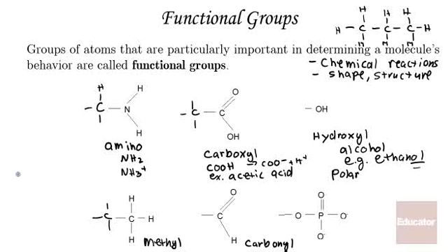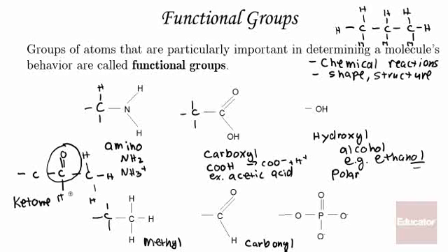So if, let's say, we had a carbonyl group right here, embedded within the carbon skeleton, this would be called a ketone. So if the carbonyl group is in the middle within the carbon skeleton, it's called a ketone. The other possibility is that this group is on the end.